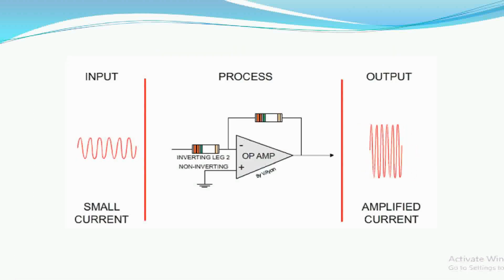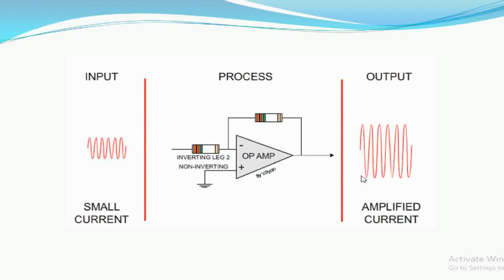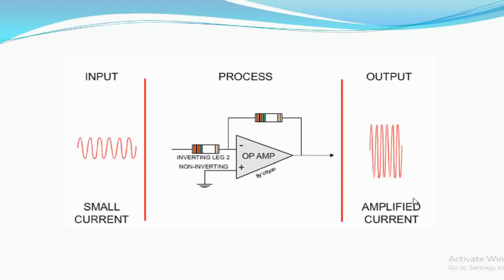So this is an operation. Here it is taking a weak input signal and giving an amplified output. If you observe, this is a process. To this op-amp we are applying a small current, and in the output section we are getting amplified output current.